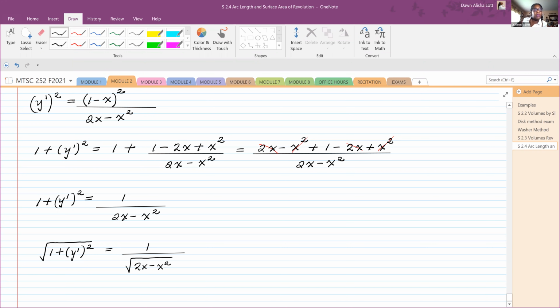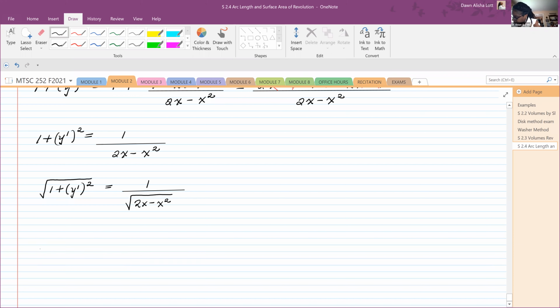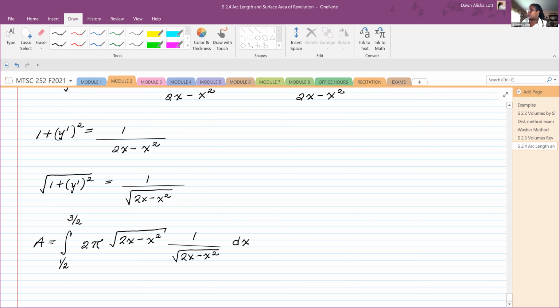So now when I put it all together, my area is the integral from 1/2 to 3/2 of 2 pi times y, the square root of 2x minus x squared. And then I multiply by the square root of 1 plus y prime squared, which is just 1 over that thing. And guess what? They cancel.